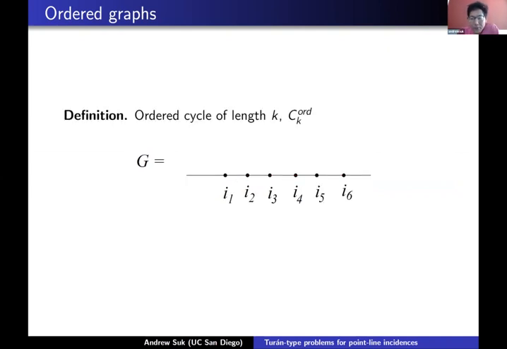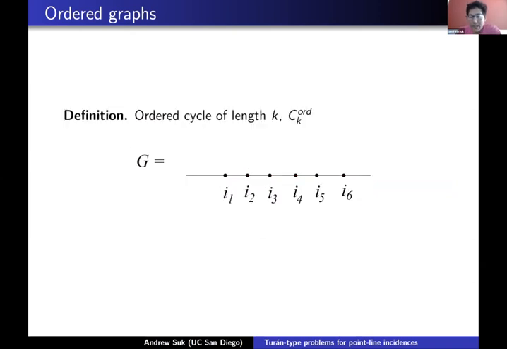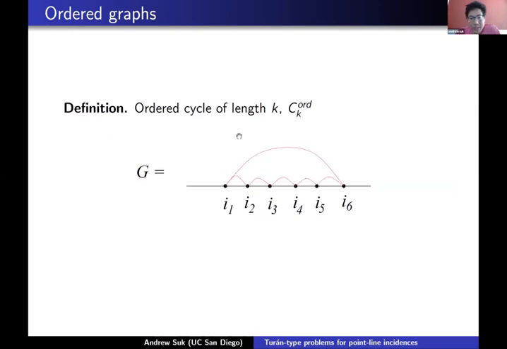But now that your vertices are ordered from left to right, you can define what an ordered cycle is. So given an ordered graph, an ordered cycle is a cycle where it starts off with a monotone increasing path, and then you have one final edge that connects the first and last vertex.